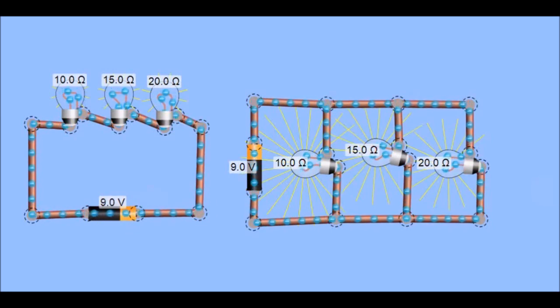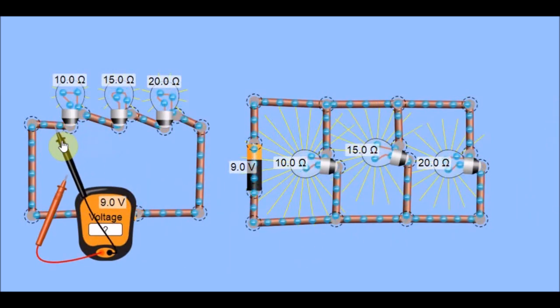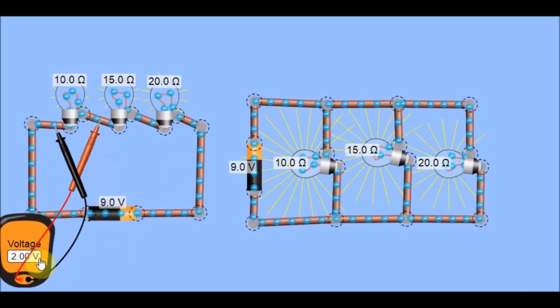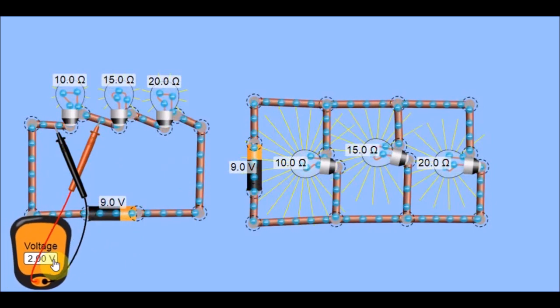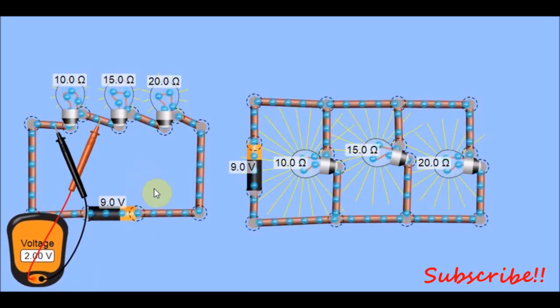Now we can check this out with our voltmeter. If we measure the voltage across this, you can see we have 2 volts. Remember, the voltage across each of the resistors in a series circuit is different.